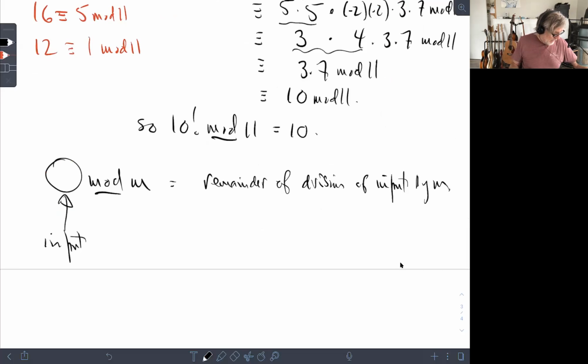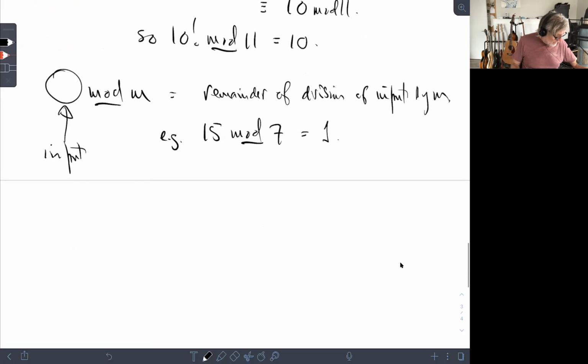So 15 mod 7, this is 1. So it's an integer. It's a mod function. It takes 2 inputs and it outputs an integer.